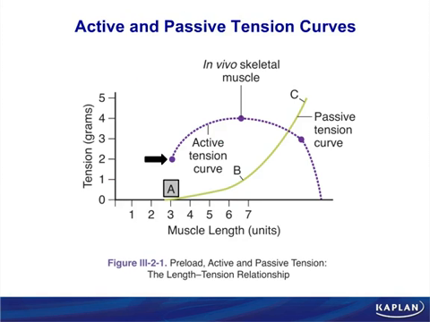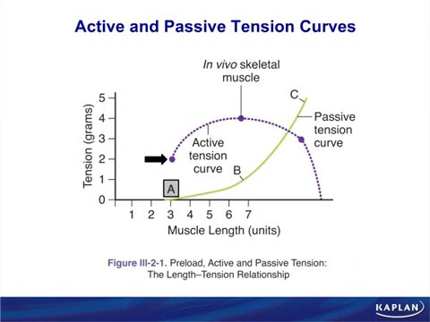Here's the graph illustrating the active tension. We still have the passive tension curve in green. Now we're going to bring in the active tension curve in purple. So we're stimulating the muscle, isometric contraction. We're going to start at A, in which we had no preload. So there was no muscle length, no passive tension.